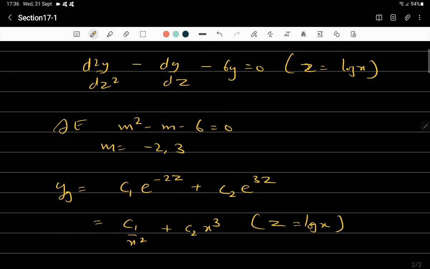So you can see that if you manage to identify that it is an Euler equidimensional equation, then it is very easy to solve the given equation by transforming it into an equation with constant coefficient. Thank you very much.